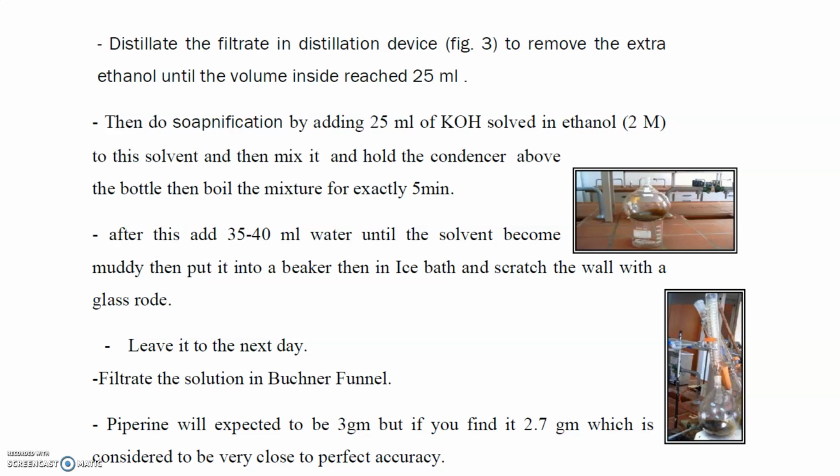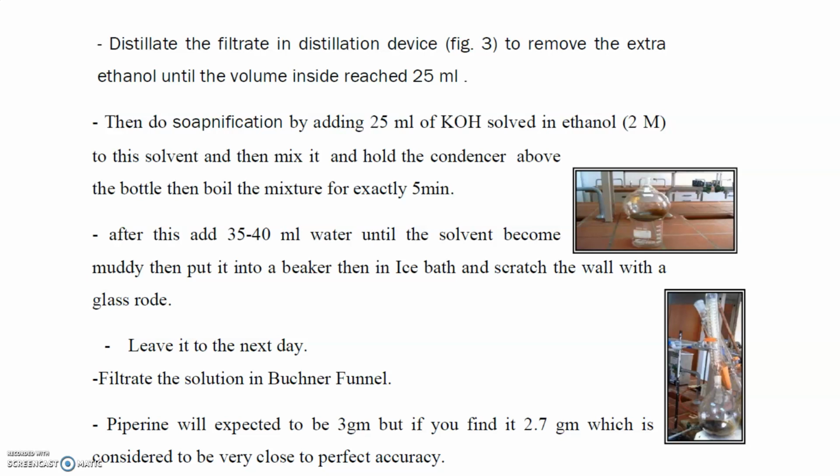Then boil the mixture for exactly 5 minutes. You can see here how to put it. Then add 35 to 40 milliliter water until the solution becomes muddy. Then put it into a beaker, then in an ice bath, and scratch the wall with a glass rod. Then friends, leave it until the next day.